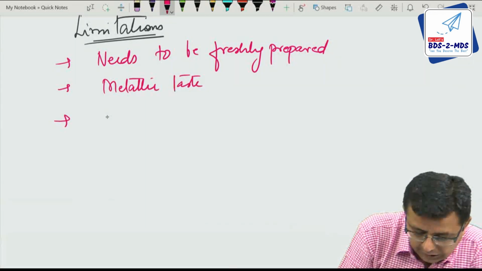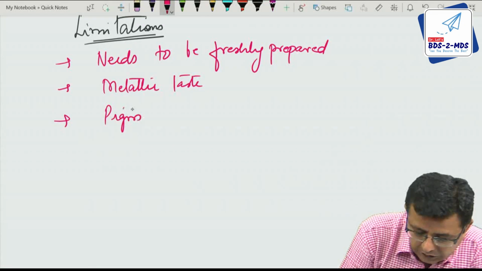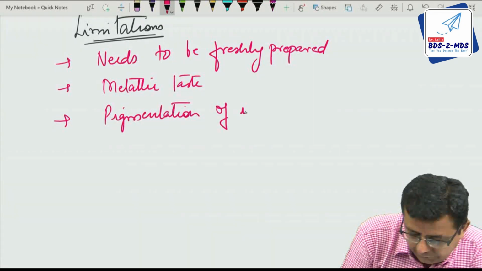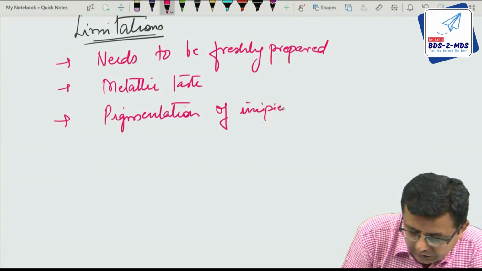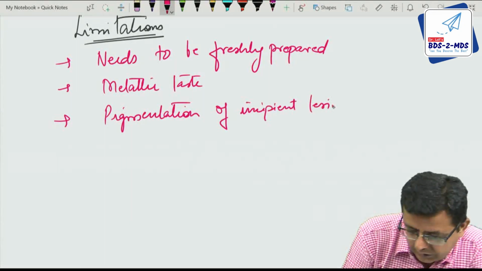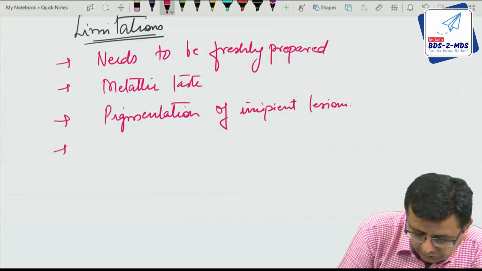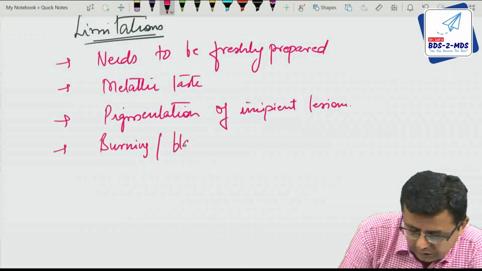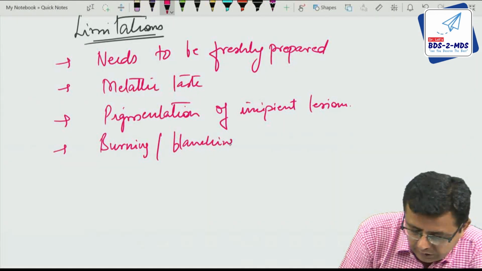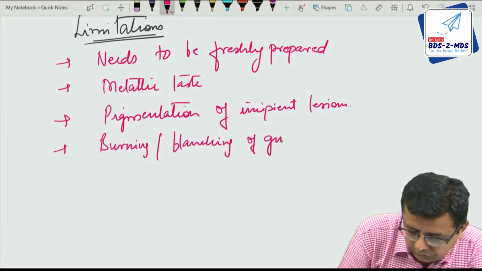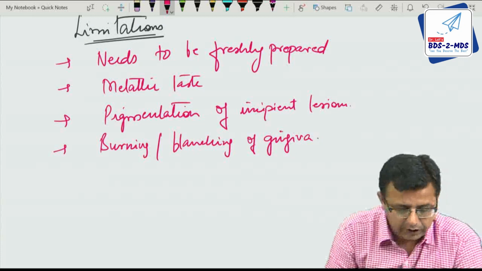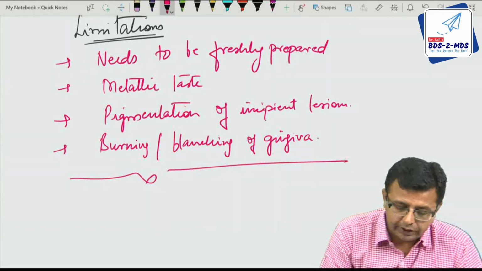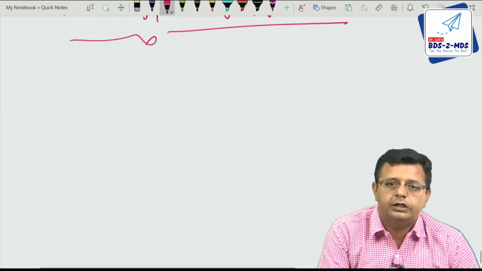The third is it causes pigmentation of incipient lesions. The fourth is it causes burning or blanching of soft tissues, gingiva. In spite of all these things, stannous fluoride is now used but very less frequently.